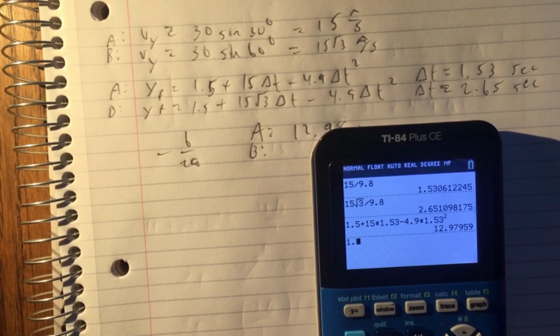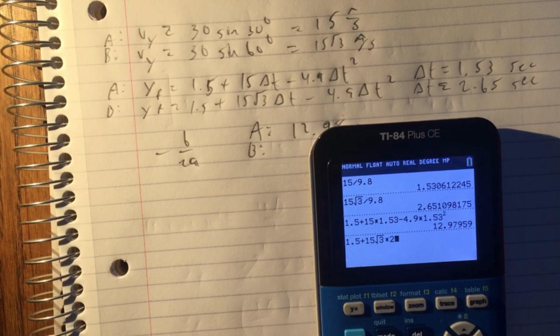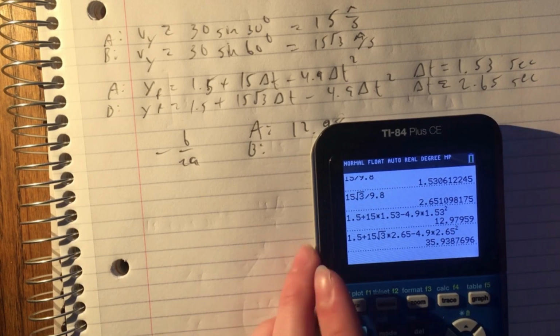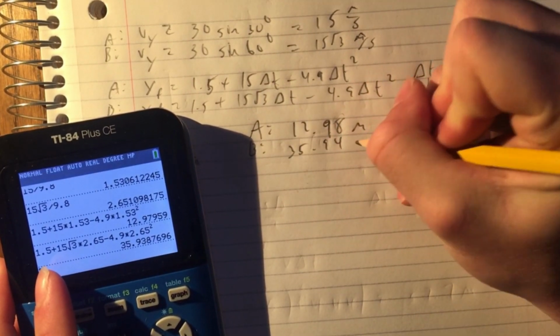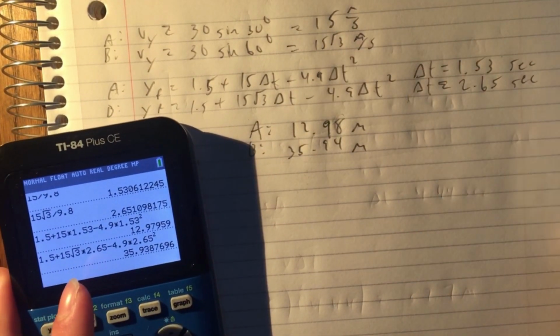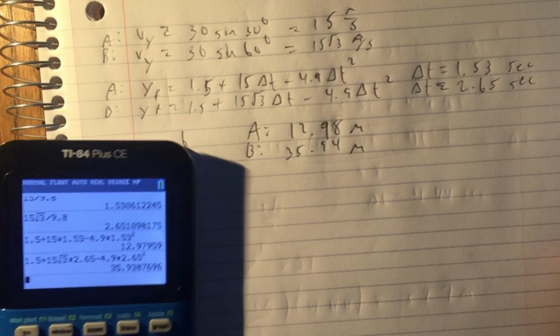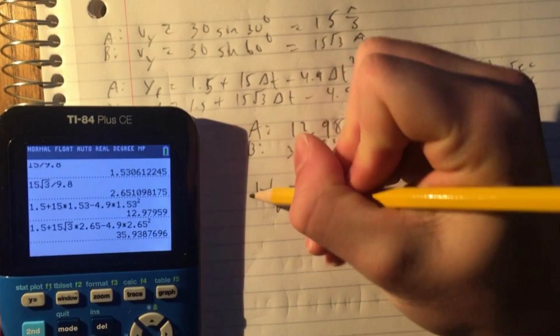For B, let's see, we have 1.5 plus 15 root 3 times 2.65 minus 4.9 times 2.65 squared, 35.94 meters. And now, like the original question asks, we have to compare the arrow's max heights. So height B is greater than height A.